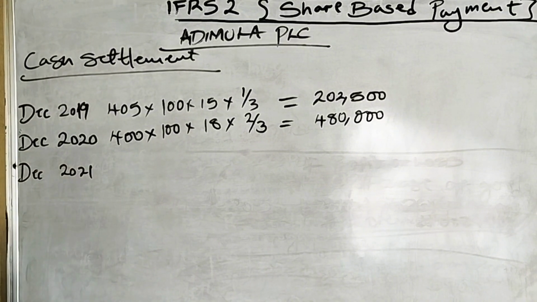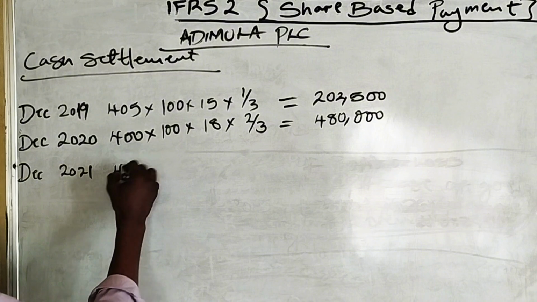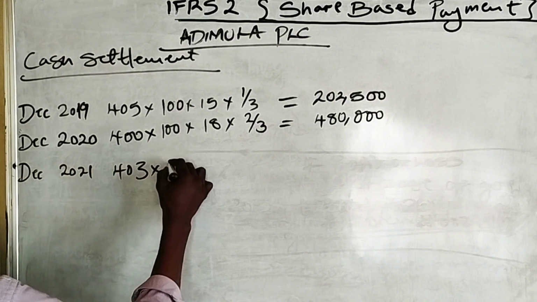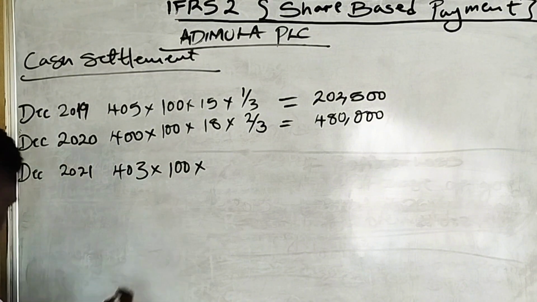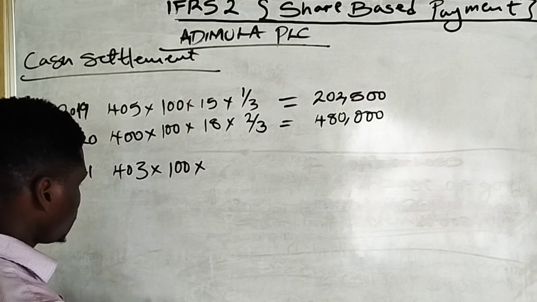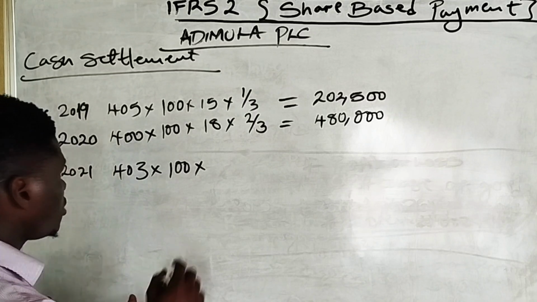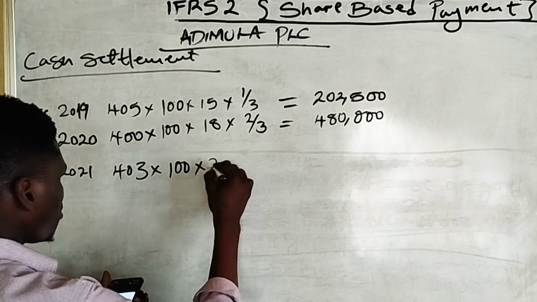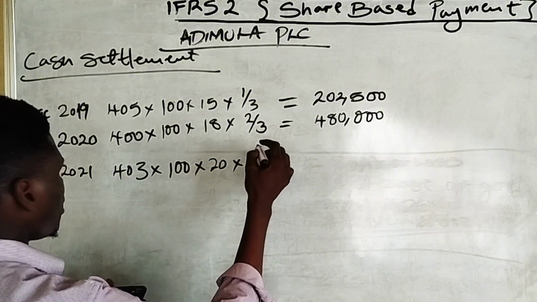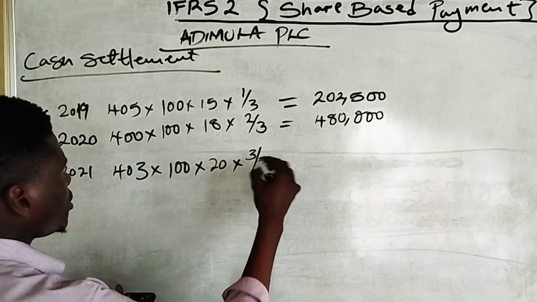Then in December 2021, they said 403 employees vested. It's 100 shares times the fair value as at that date, which is 20 naira per share. Then multiply by 3/3.